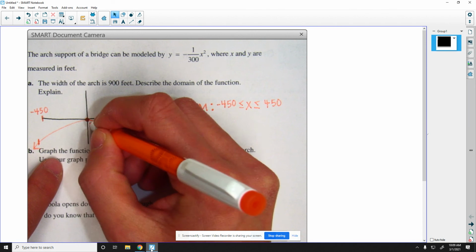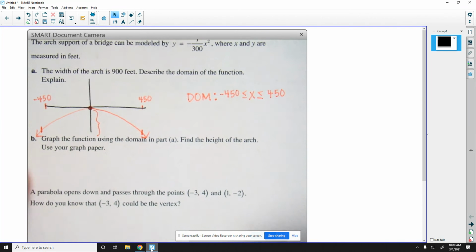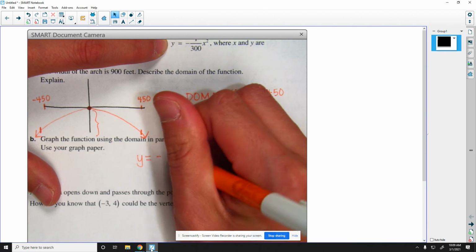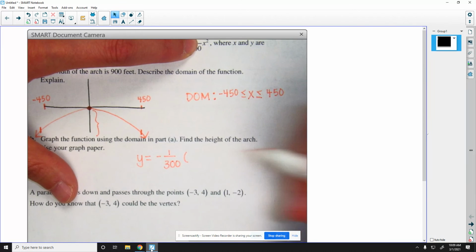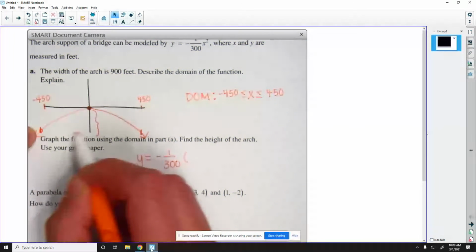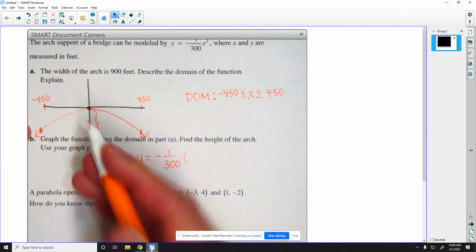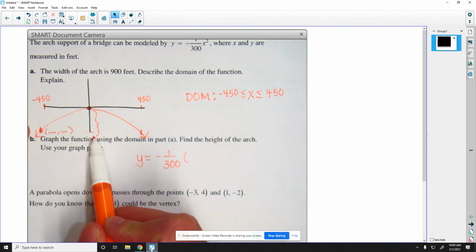Couldn't I technically just go, okay, here's my equation, y equals negative 1 over 300 x squared. When my x is at negative 450, what is this point right here? What is this y? Don't I want to know what this number is, to figure out how tall it is from 0 to what?